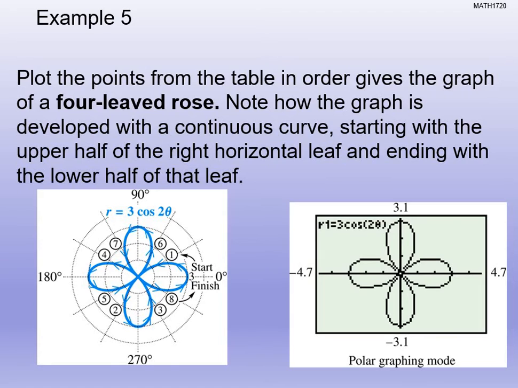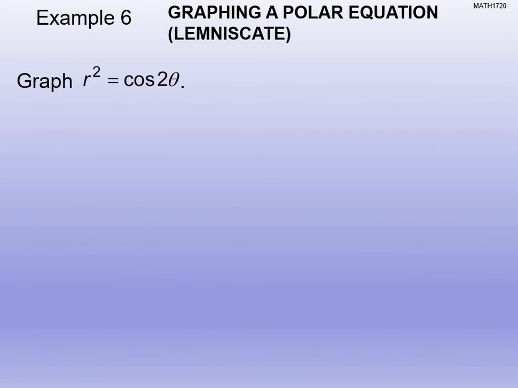Play around with some of those values and see what changes. Look at this graph. Where's the 3? What's the significance of the 3 here, and how does it affect the roses? What's the 2 theta doing? How does it affect the roses? Maybe do a 3 theta, maybe do a 4 theta. Play around with this and see what your different graphs look like as you plot some of these famous graphs.